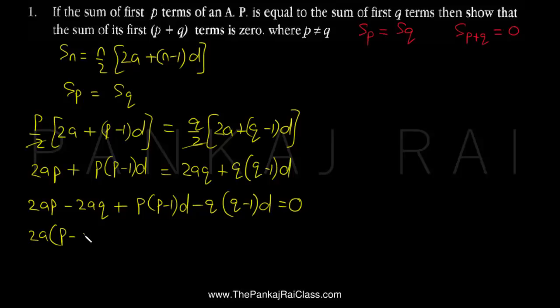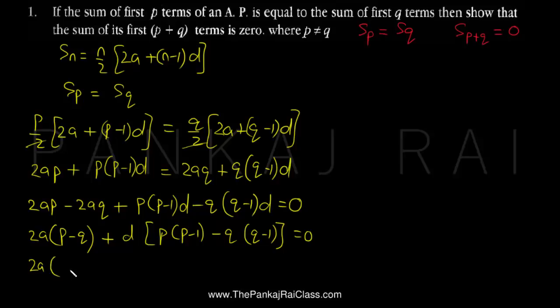So we will have (p minus q), and over here let us take d common. So we will have p times (p minus 1) minus q times (q minus 1), and this is equal to 0. Now let us open this bracket. So it will be 2a (p minus q) plus d times (p square minus p minus q into q, that would be minus q square, and minus q into minus 1, that would become plus q), is equal to 0.